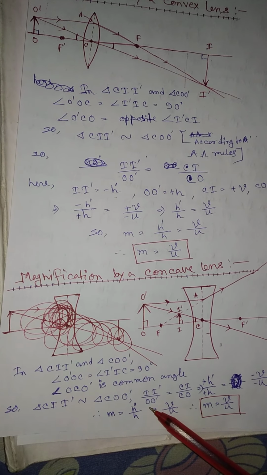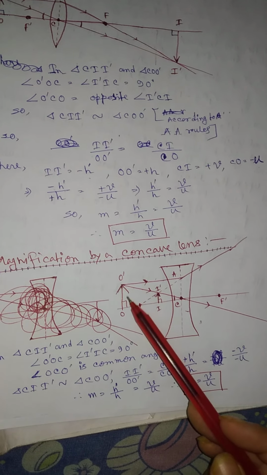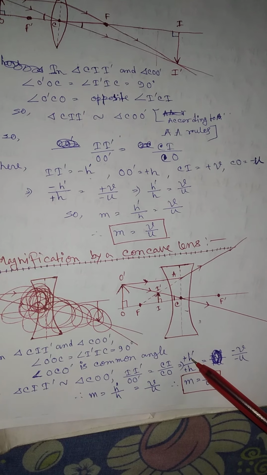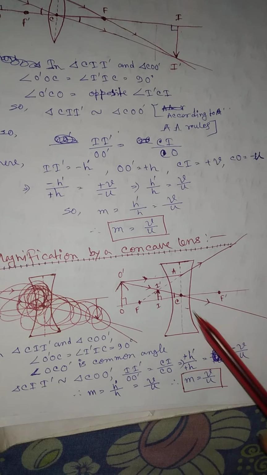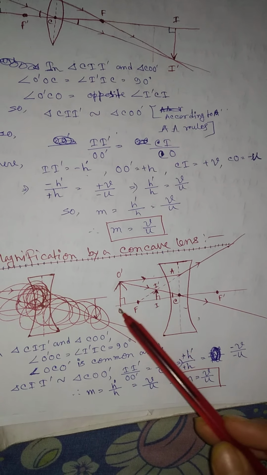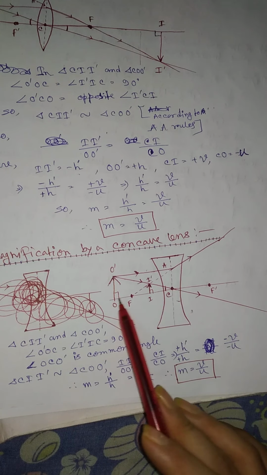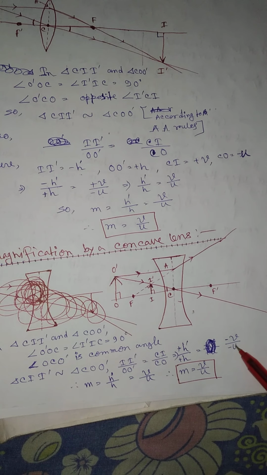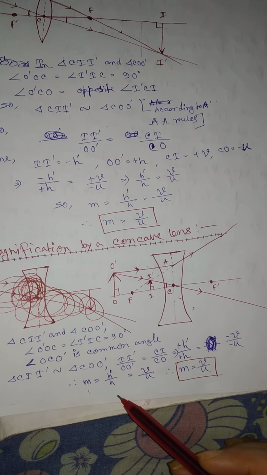So I dashed by OO dashed equals CI by CO. Now I dashed is positive, which is plus H dashed, and OO dashed is also positive, which is H. Here U is negative and V is also negative, that means minus V by minus U. So now m equals H dashed by H equals V by U.